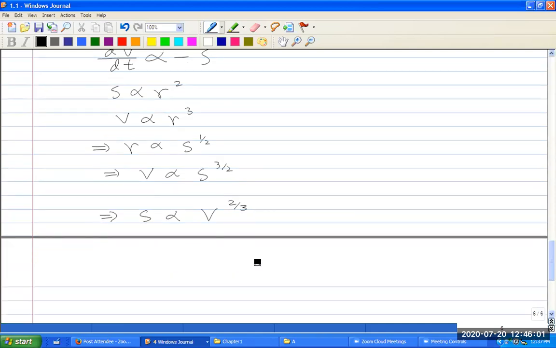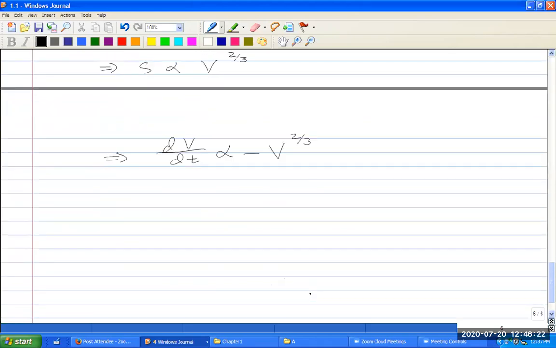So from what I've written here, dV/dt is proportional to minus S, so minus V to the 2/3. And so now I can give you a differential equation from this.